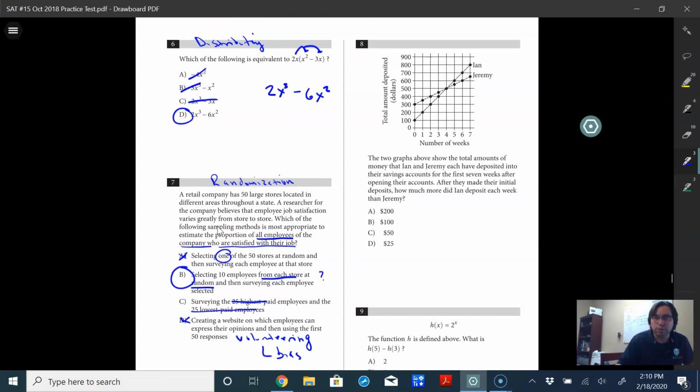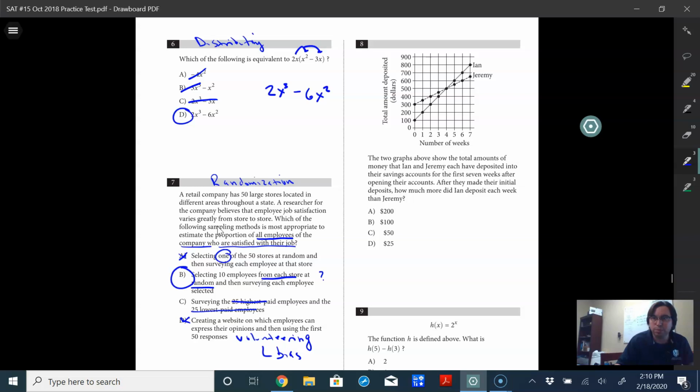Okay, let's look at number 8 here. What we have is this graph, number of weeks versus total amount of deposited dollars. We've got 2 folks here, so let's see what's going on. It says the 2 graphs above show the total amounts of dollars that Ian and Jeremy each have deposited into their savings accounts for the first 7 weeks after opening their accounts.